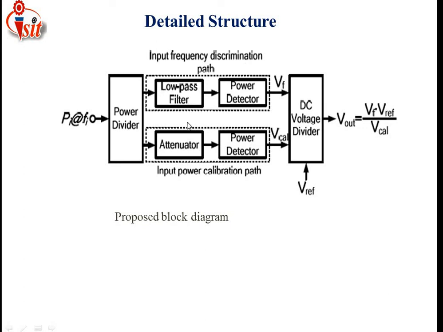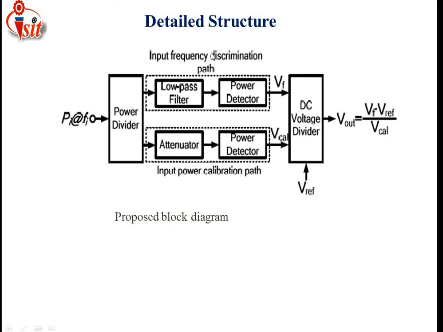First of all, whatever power is divided by the power divider is applied towards the input frequency discrimination path, in which the input is first given to the low pass filter. We know very well the basic function of a low pass filter: it passes low frequency signals and blocks high frequency signals. Accordingly, the output generated by the low pass filter is a very low frequency signal, and that is given to the power detector.